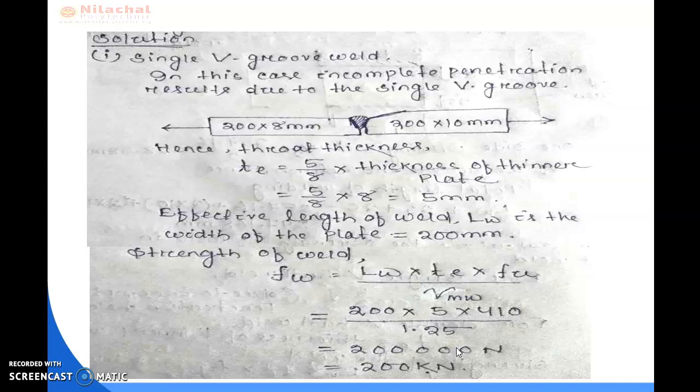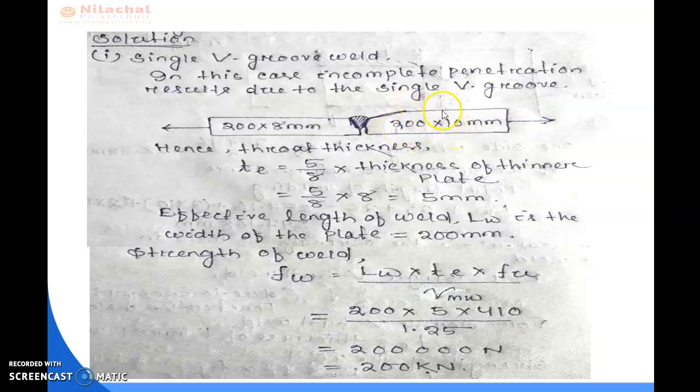So now comes the solution part. Here you can see, in case of single V groove weld, as I told you before, it is a case of incomplete penetration. You can see in this figure, this plate is the first plate, which is 200 into 8 mm, and this plate is the second plate, which is 200 into 10 mm.